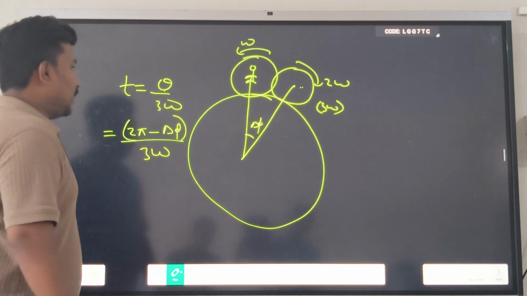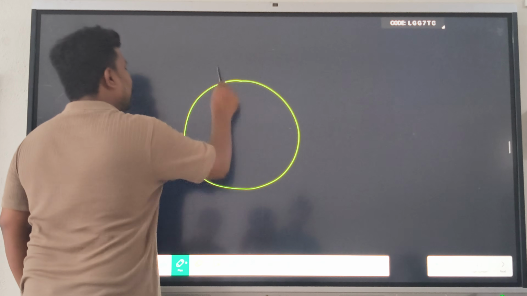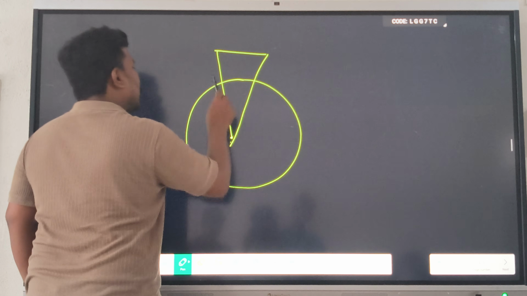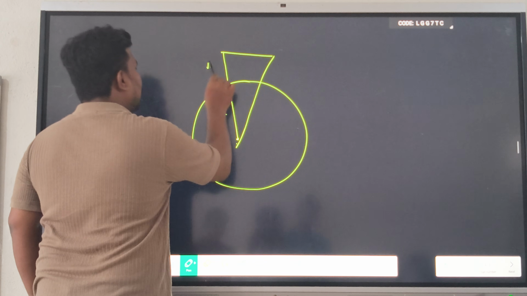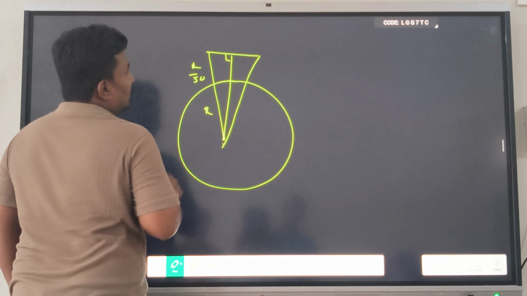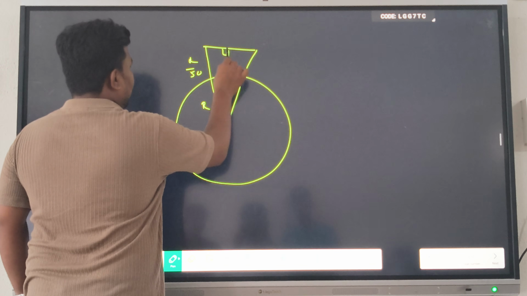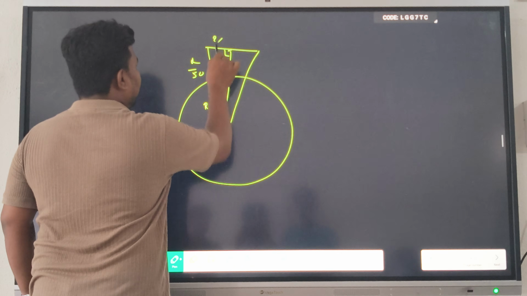Now how to find this delta phi? Let us find the delta phi. Here this is capital R, this is R by 50. I will draw a perpendicular here. This angle becomes delta phi by 2 and this side will be R by 50.